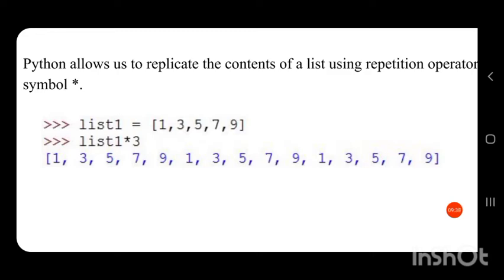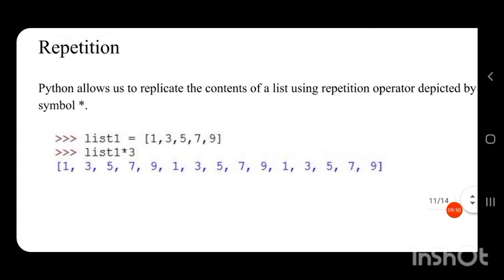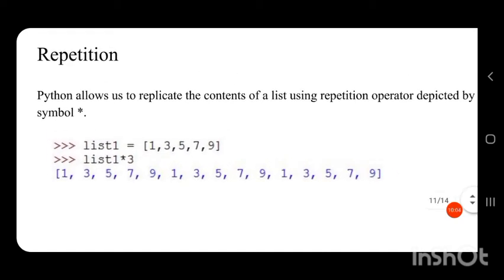If the operand value is 2, it repeats the list 2 times. So if the operand value is n, it repeats the list n times. The function of the replication operator is that it creates a new list with the elements replicated by the number of times of the integer value.